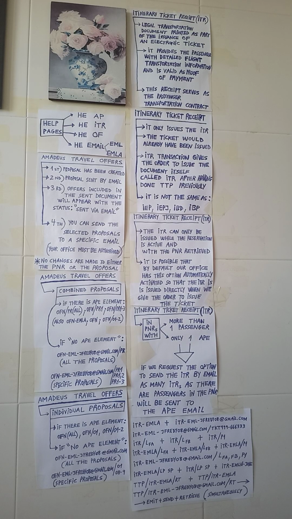Below we see 3 special transactions, 1, 2, and 3. The first one allows you to send the ITR document to the email address that appears by default in the APE segment of the PNR, while also changing the ITR's language at the same time.